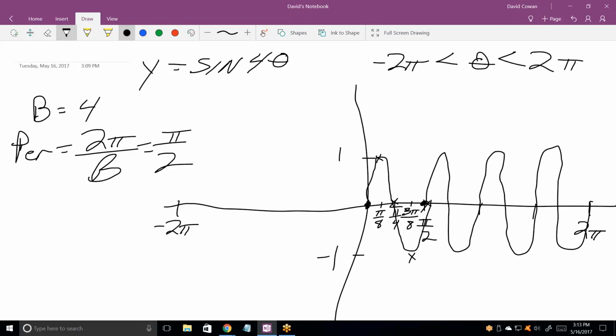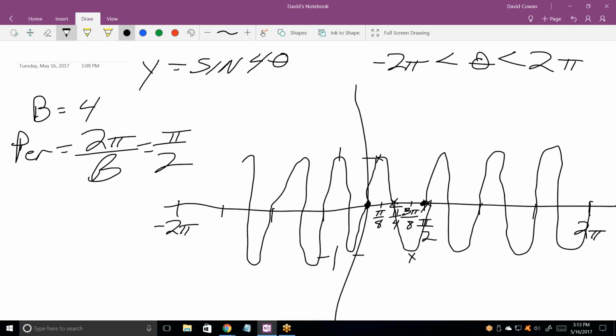Now just go the other way, same way. And if I quarter it up, I'm going to draw a sine curve. Like that. Keep going. Like that. Keep going. There you go.